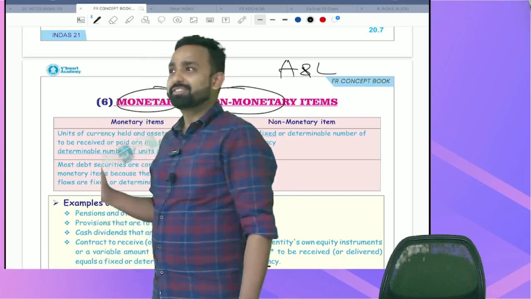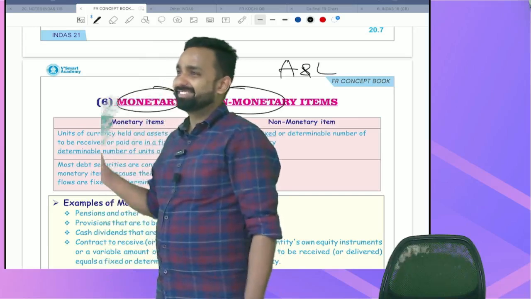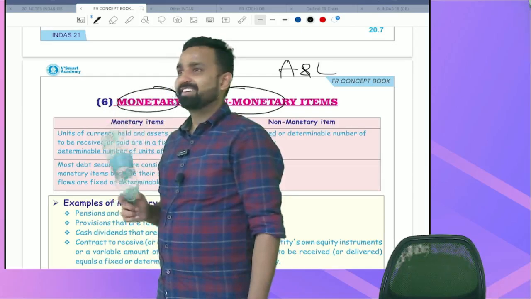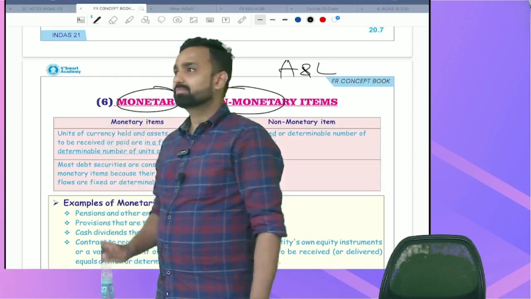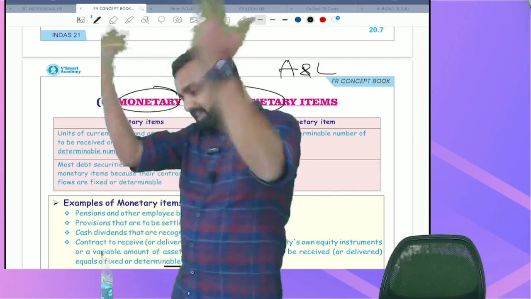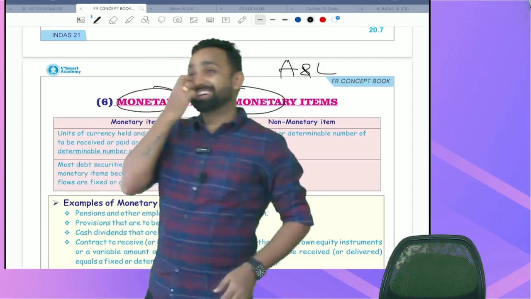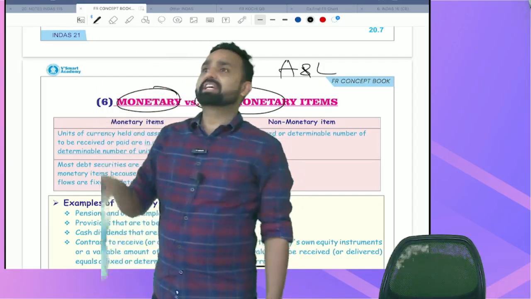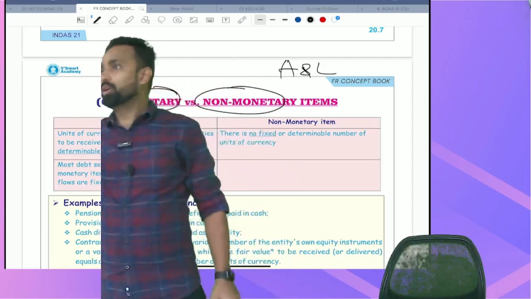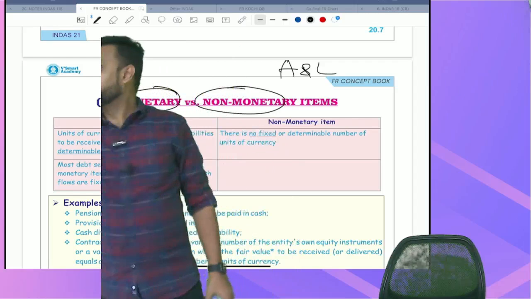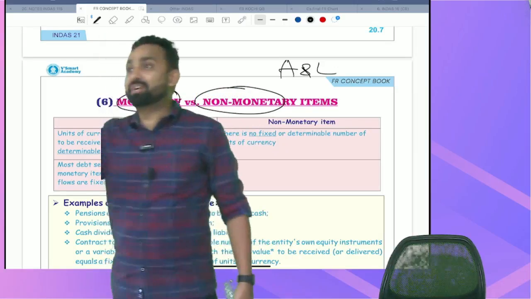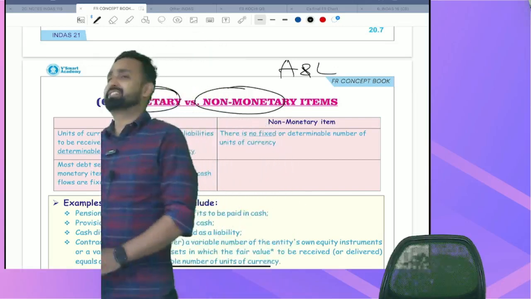Not remember? It's not my responsibility. Let's further move on. We discussed the cash flow hedge reserve, where we had discussed one example in my book, where we had one foreign debtor only, and we recognized the exchange difference in CFHR, not in profit and loss. That was the exception of Ind AS 21.